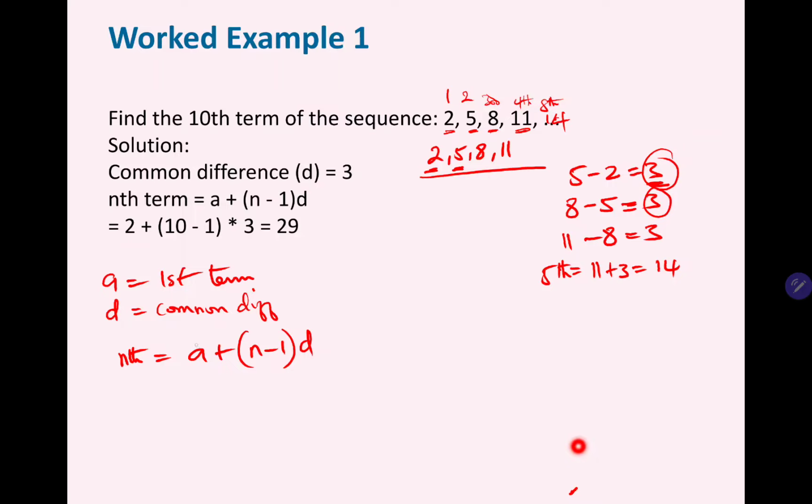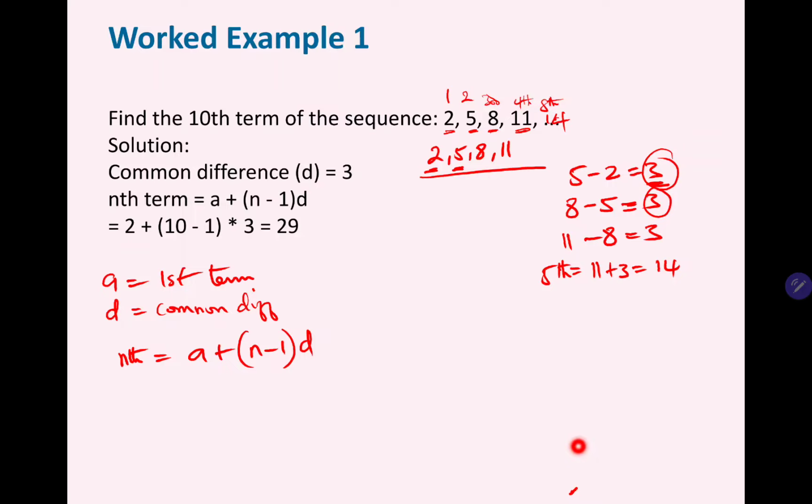That is, the nth term is equal to the first term plus the number of the term you want to look for minus 1, multiplied by the common difference. Okay, all right, let's try an example.